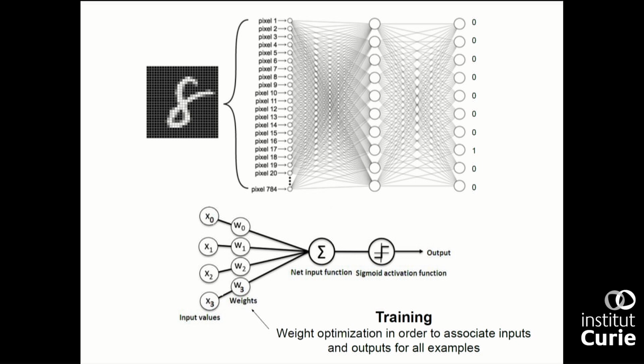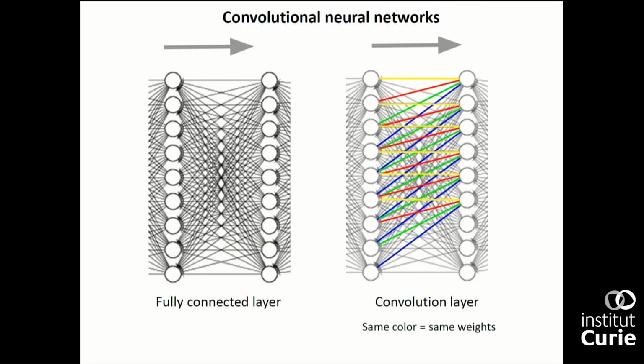Just a short parenthesis: you may have heard of convolutional neural networks, which are widely used for images. And these are the networks that we are also going to use for sequences. These networks are essentially like these ones.